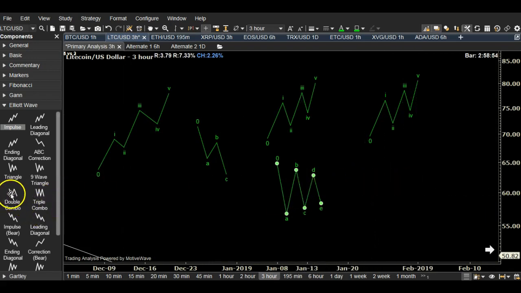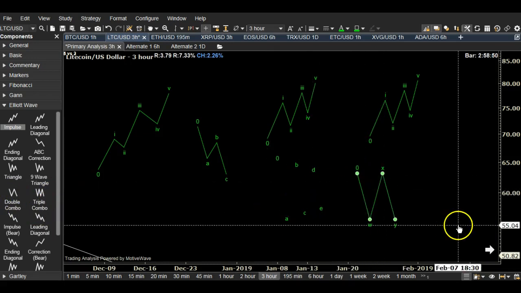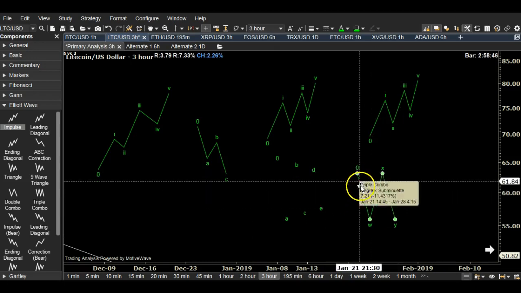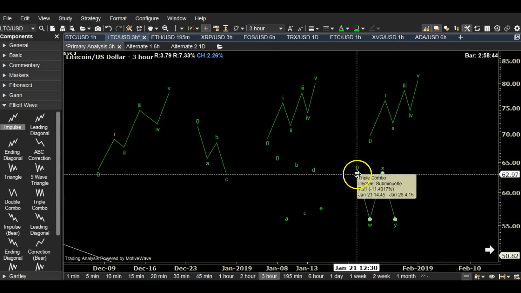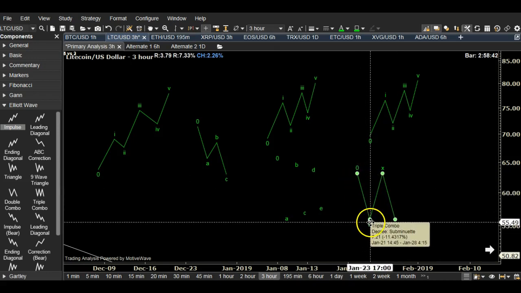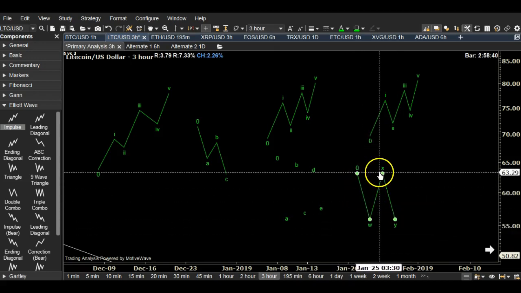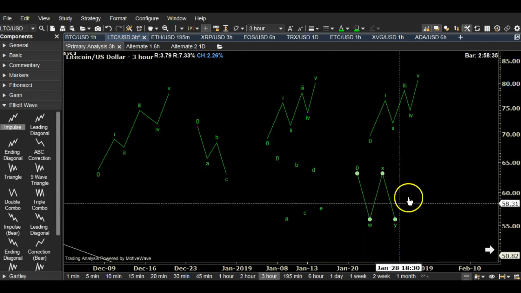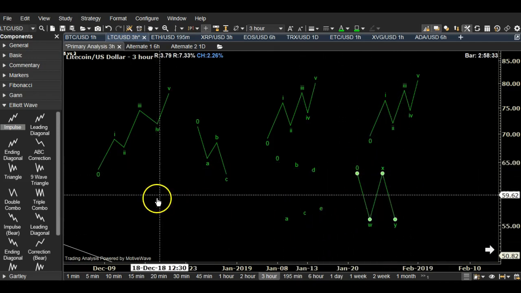And then you can have a double combo, which is a WXY, and I'm going to explain those later. Basically, wave W is composed of 3 waves. So you have ABC inside W, another ABC inside X, and then another ABC inside Y, and that creates a double combination.